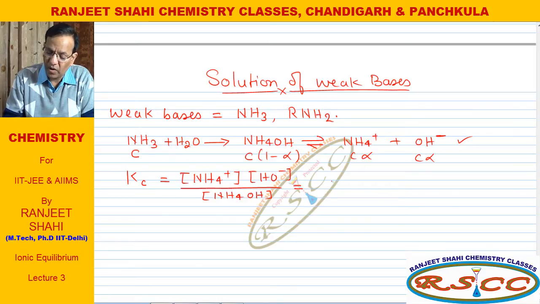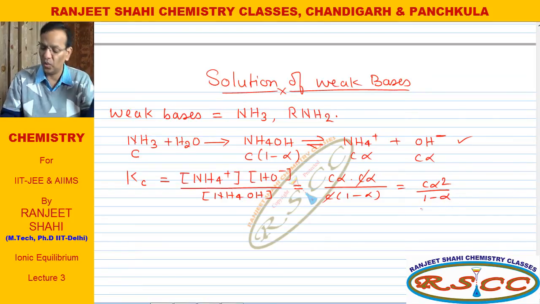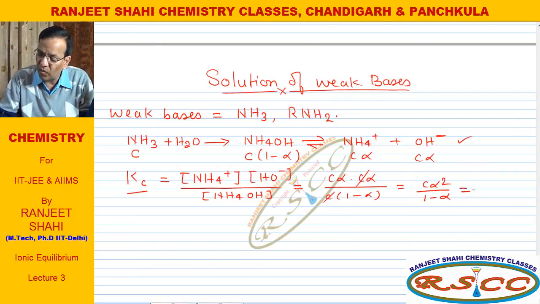Substituting the values in terms of alpha and C, it will be C alpha divided by C into 1 minus alpha. If we cancel one C, it will be C alpha square upon 1 minus alpha. So, the expression is same as in case of weak acid. For weak base, this Kc has been given a specific name, Kb.